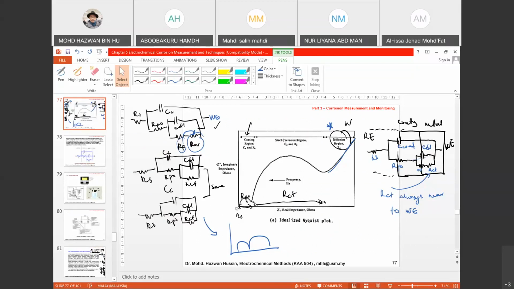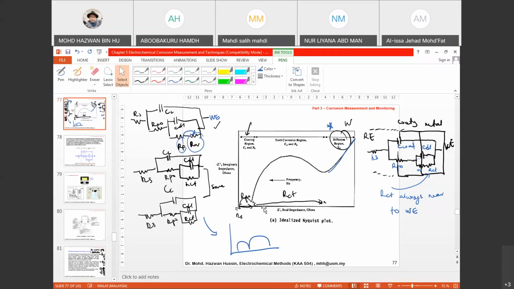Yes. Exactly. Actually, if you look from the Nichols plot, you cannot tell whether the RCT is located near to the working electrode or not. Because, as I said, diffusion will only happen after RCT.